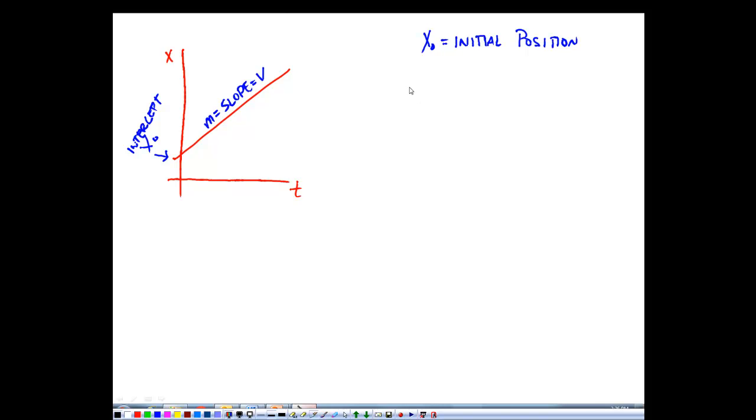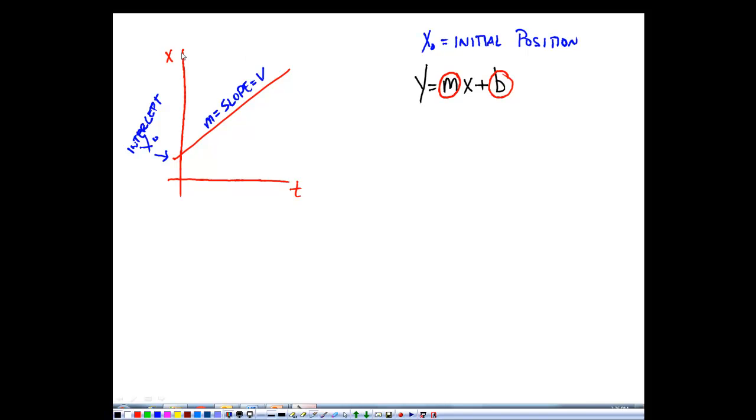Now we know that all straight lines are in the form of y equals mx plus b. Well, we're going to do that same thing, but we are only putting two values into our equation, the slope and the y-intercept. Everything else we're going to leave alone, but we have to do some interpretation.